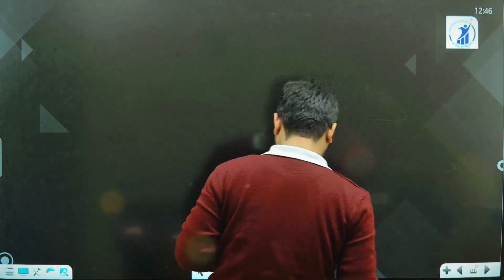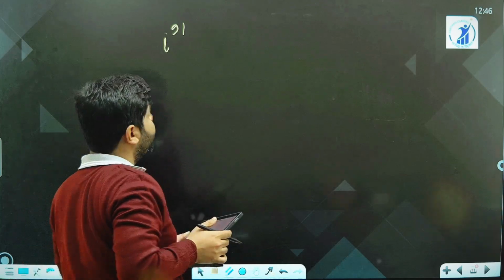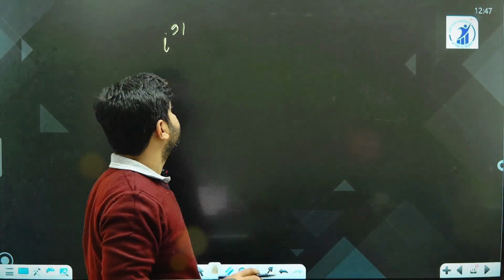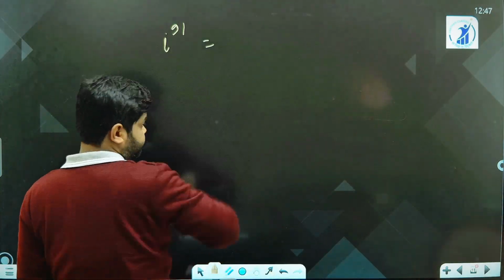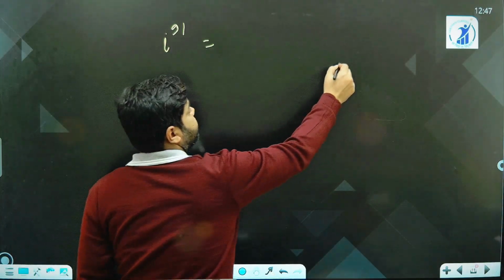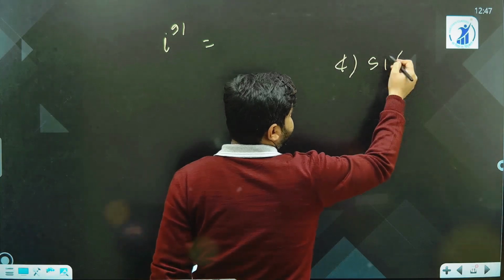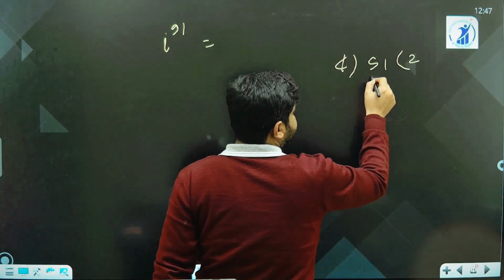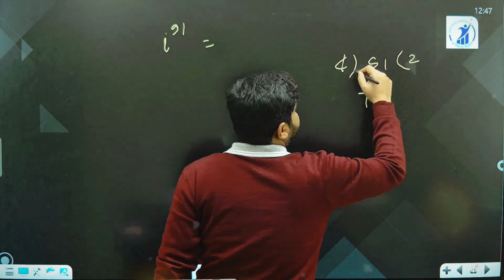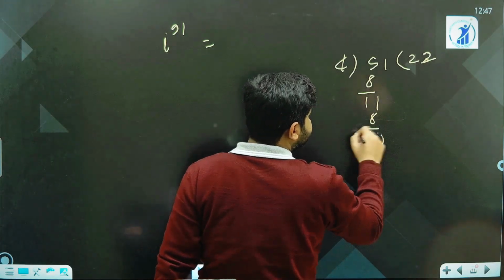So I am taking a question: iota to the power 91. How will we solve this question? First, we divide 91 by 4. 91 divided by 4: 4 times 22 is 88. Here the remainder is 3.